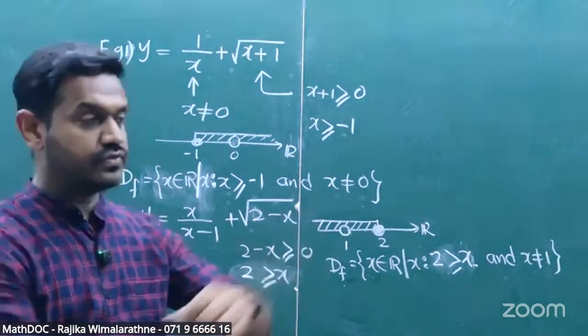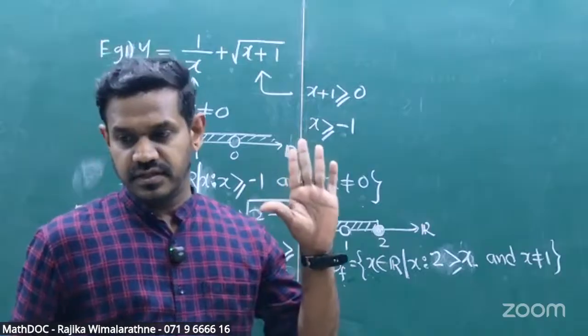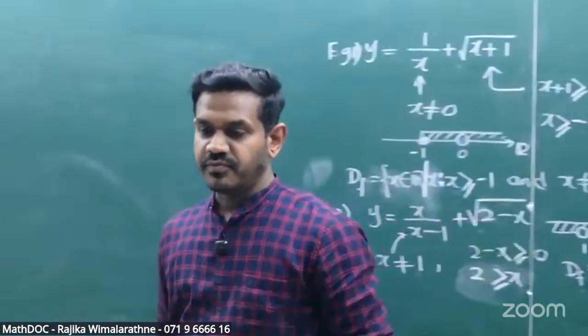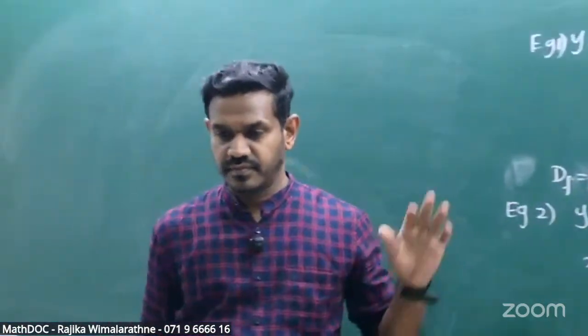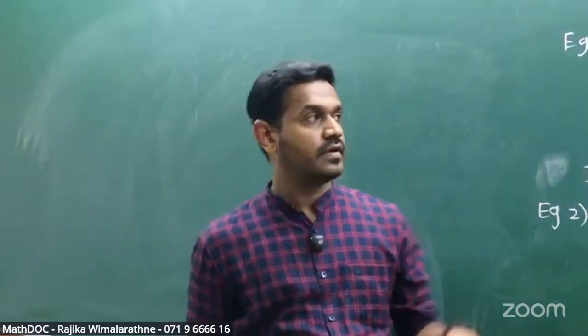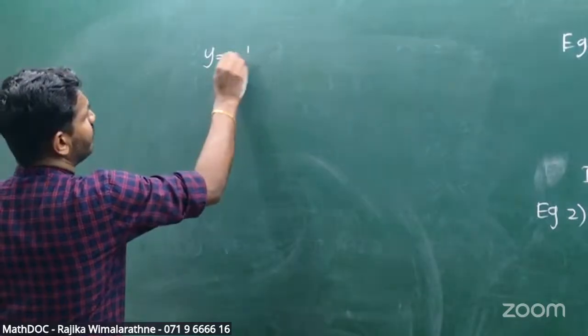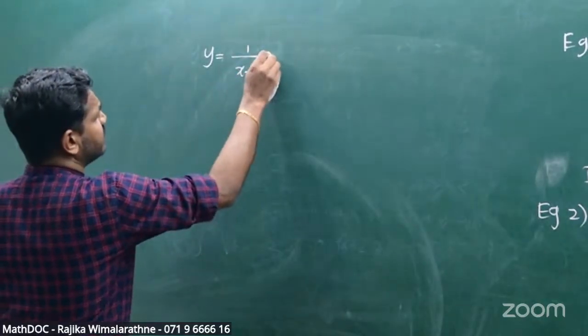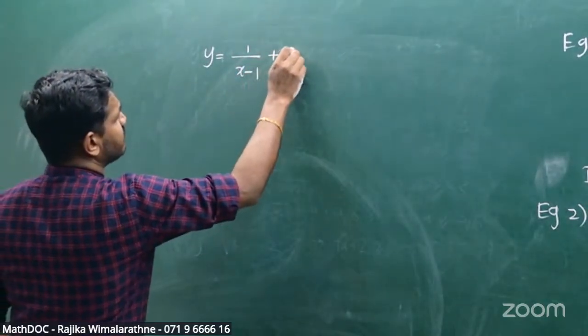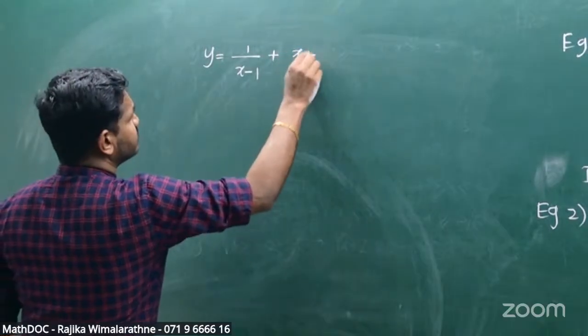Okay, I'll give you 2-3 questions. Now you come to this. Try y equals 1 over x minus 1 plus the square root of x plus 2.